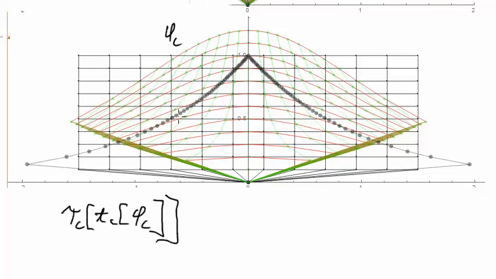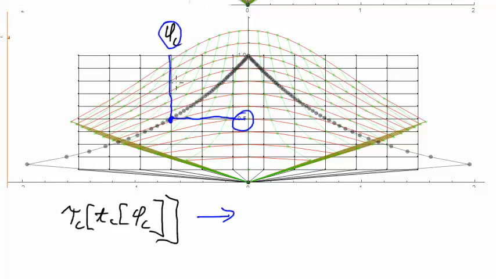So all we've done so far is, given this point, figure out what this point is. We figured that out. From this, we figure out t sub c, and then we figure out tau sub c. That's all we've done.